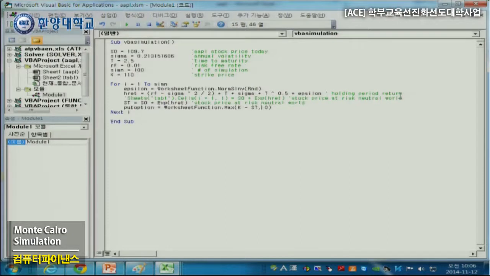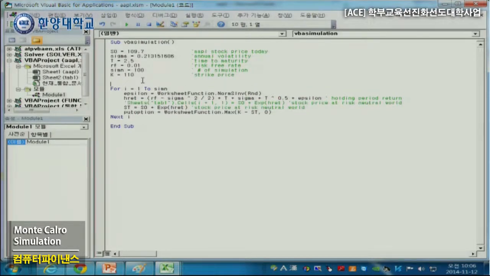Okay, but then now for one simulation, I calculate the put option price. So next, what I have to do is let's define option value, which starts from 0, and then I collect option value. Let's make it more simple.